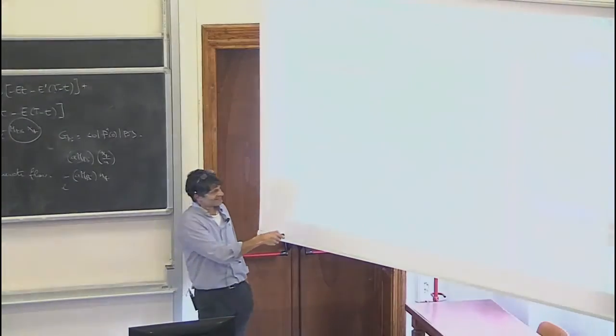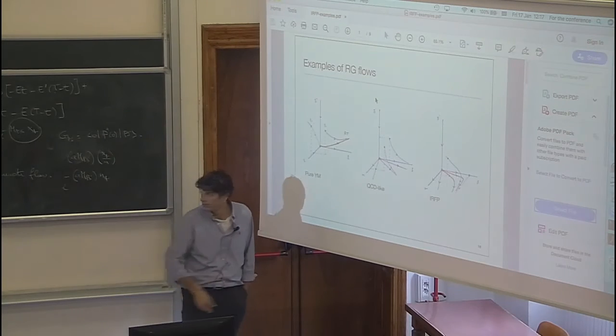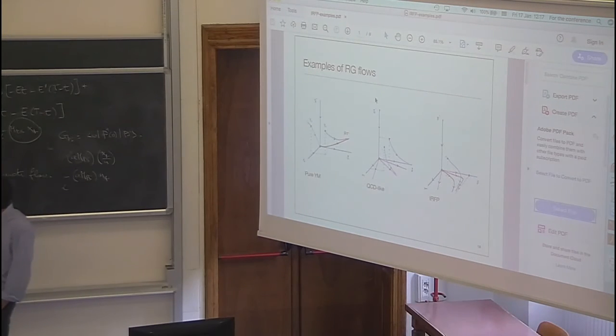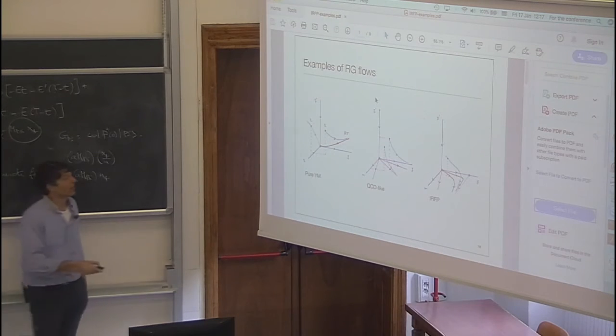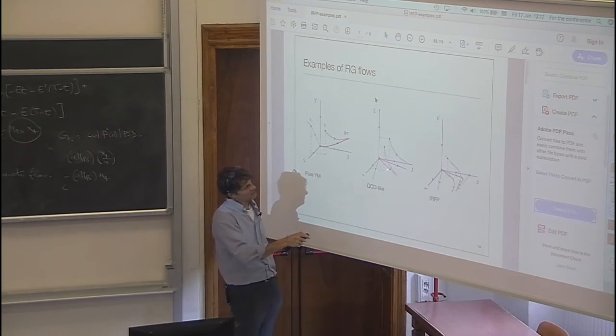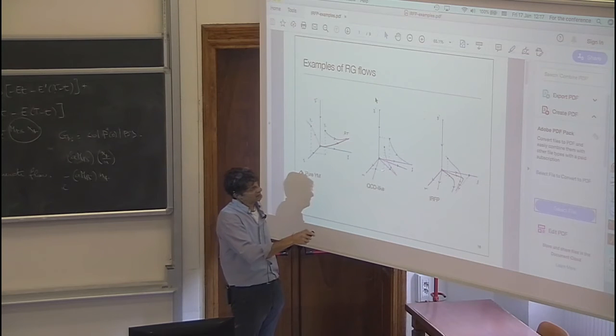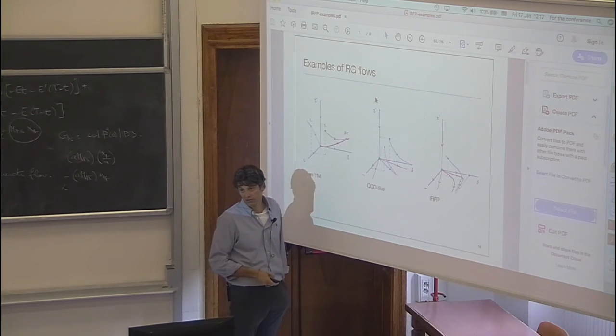And they basically correspond to trajectories where the quark mass is different. If you change this value, you move along different red trajectories.